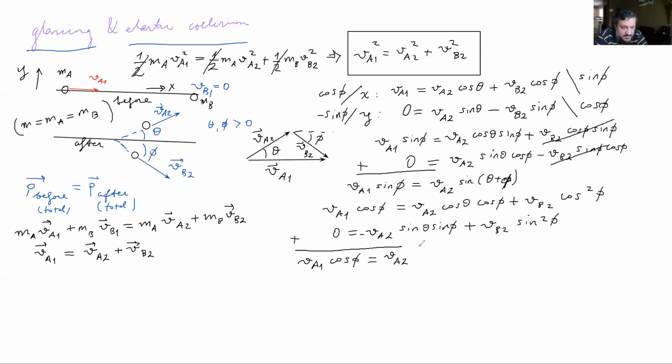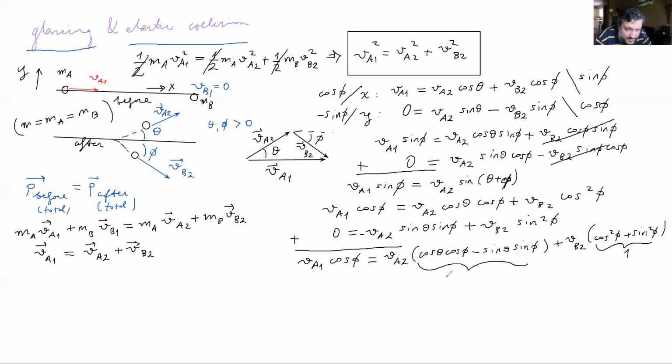Then this will read here cosine theta cosine phi minus sine theta sine phi plus, and if I factor VB2 here, cosine squared phi plus sine squared phi, which is what? 1. And this thing here is cosine theta plus phi. All right.